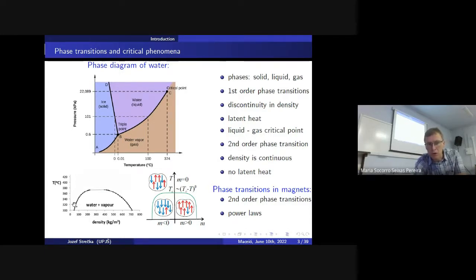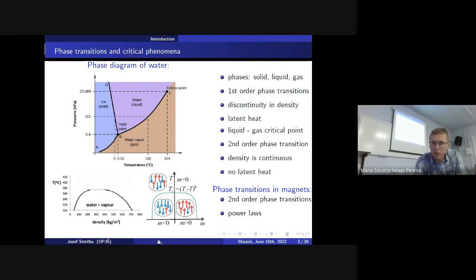Smaller density, of course, corresponds to the vapor, and the greater density to the liquid form of the water. So maybe these two words should be interchanged. And you see that they really terminate at some critical temperature, roughly 374 degrees Celsius.